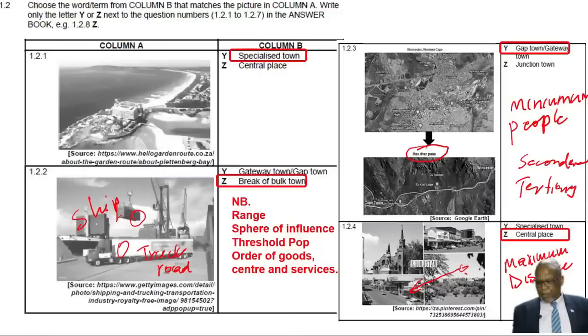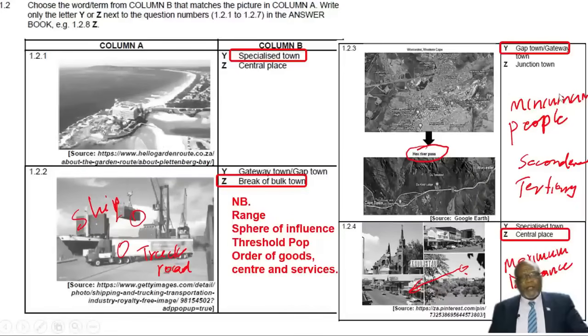where there is provision of services. I did not put quaternary here because quaternary cannot be strictly in rural areas or in urban areas. Quaternary services are ubiquitous. They could be found anywhere, in rural areas or in urban areas.